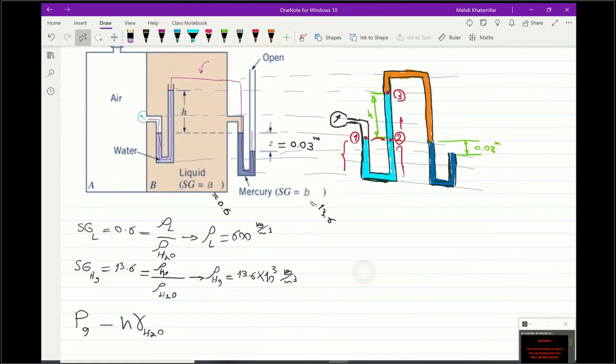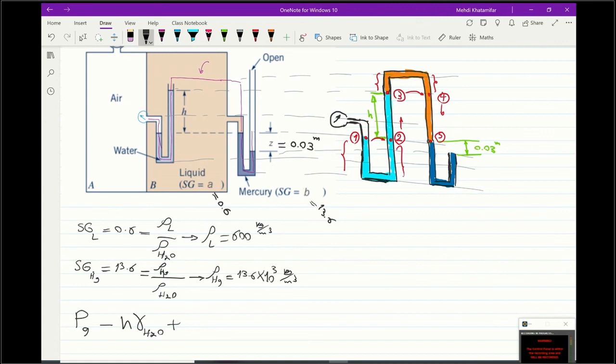From point 3, again same liquid, same height, let's jump to this point, point 4. From point 4 downward up to this level, point 5. It's downward, so I'm going to add.